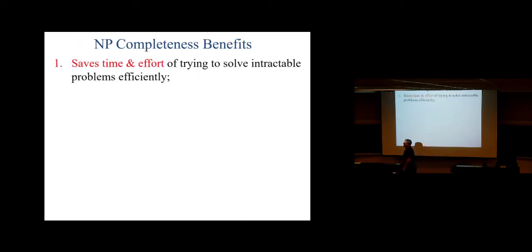Why do we study it? Let me count the ways. It saves you time and effort. If you could show a problem as NP-complete or intractable, many other problems become intractable too because they depend on that problem for their solution in some intrinsic inherent way. So if you can show that the problem reduces to another problem, and that other problem that it reduces to requires a lot of space or time, you can infer some stuff about the unknown problem.